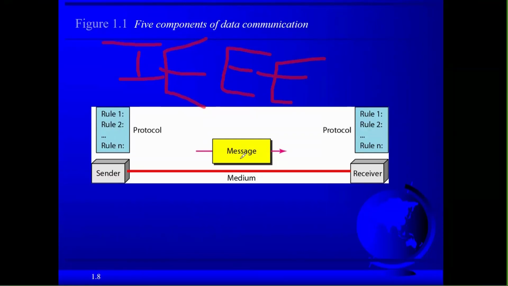So long story short, data communication requires 5 major components. Somebody's sending something, somebody's receiving something, there is a message being sent, there is a medium being used, and there is a famous protocol being utilized.